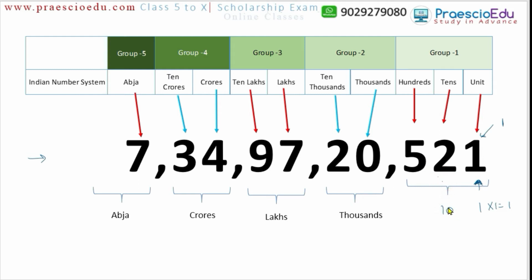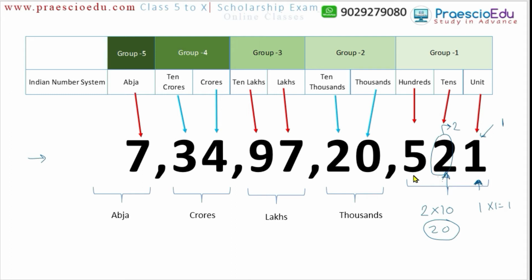It means multiplication of 10, and the face value here is 2, this digit, which is at the tens position. So at the tens position, 10 multiplied by the face value 2, so 20 will come. So 20 is the place value of this particular position.